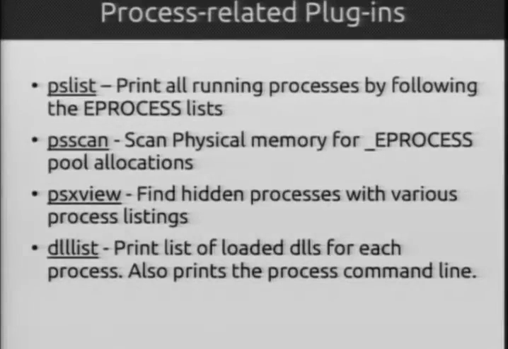So if a process had ended or had been unlinked, which is what a rootkit will do, it will hopefully find it. I will say that not every plugin is infallible. It will miss stuff. I've seen lots of different times where I would think that data would be there, I find it through another plugin, but it gets missed in another plugin. PSXView is really cool.